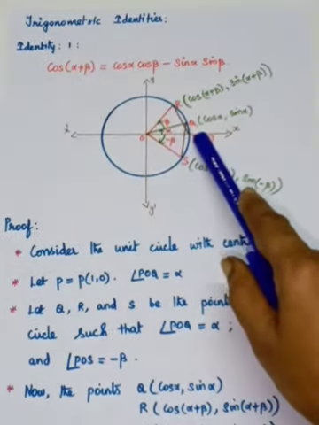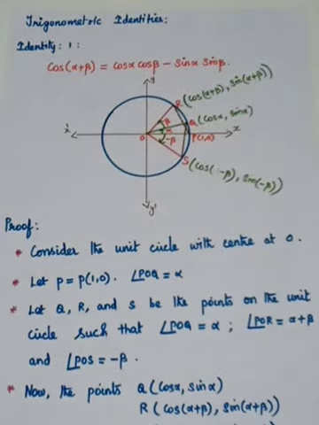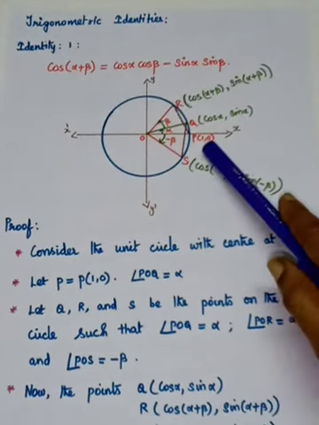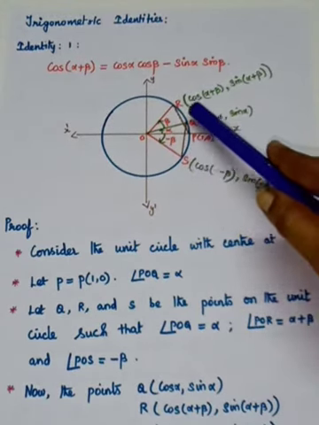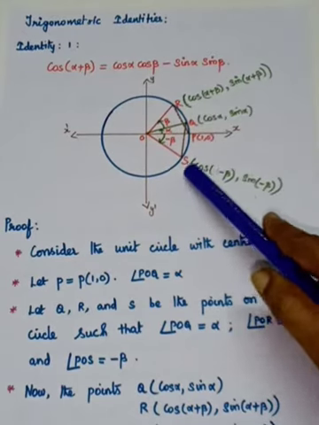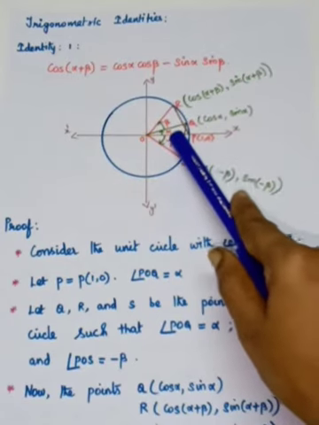So OP, OR and OS are nothing but radius 1. So this point is 1, 0. I'm going to take three points, Q, R, S, in such a way that angle POQ is equal to alpha.